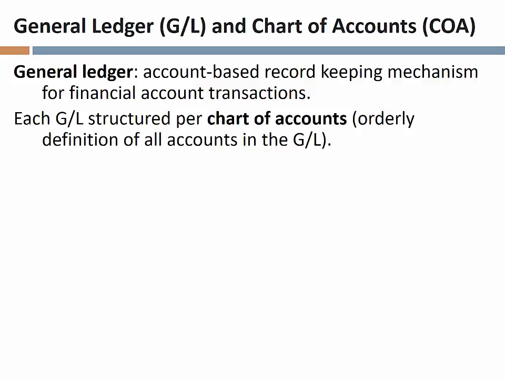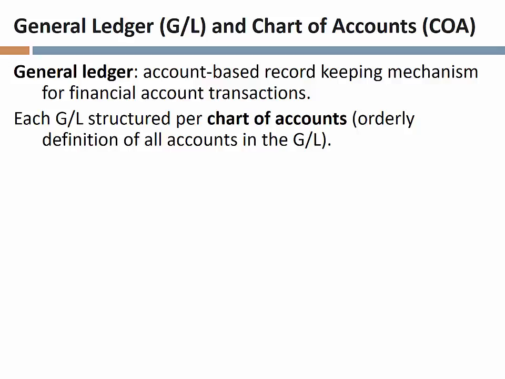Account-based: every general ledger is going to be structured per a chart of accounts. A definition for a chart of accounts would be an orderly definition of all the accounts in the general ledger. So we have the general ledger, which is the actual record-keeping mechanism itself.